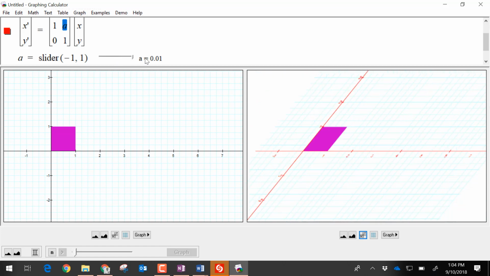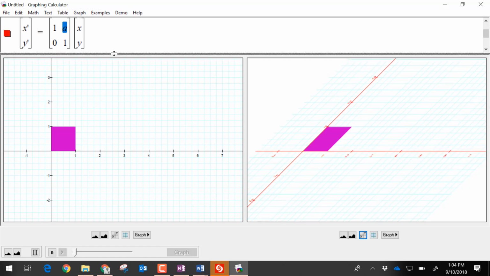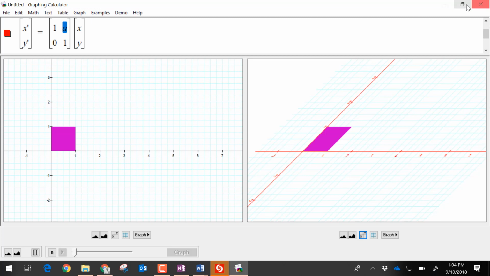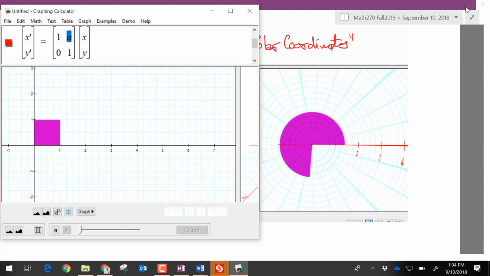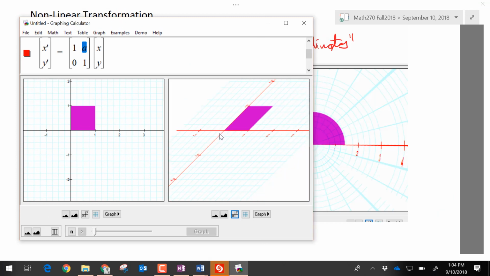And then if we go past 1, we're shearing to the right. This is an example of a shear transformation. And the examples that they have, I think, in the book and other places, they actually have a sheep.